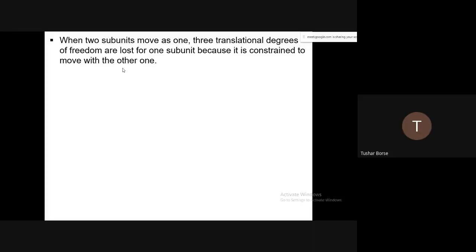If they have to move, they have to move as a three subunit structure. But if you try to move only two subunits, there will be a constraint by the third subunit, because the third subunit will not allow it to move. So whenever you imagine a change or a movement taking place in the protein, it has to be the whole structure undergoing that change.